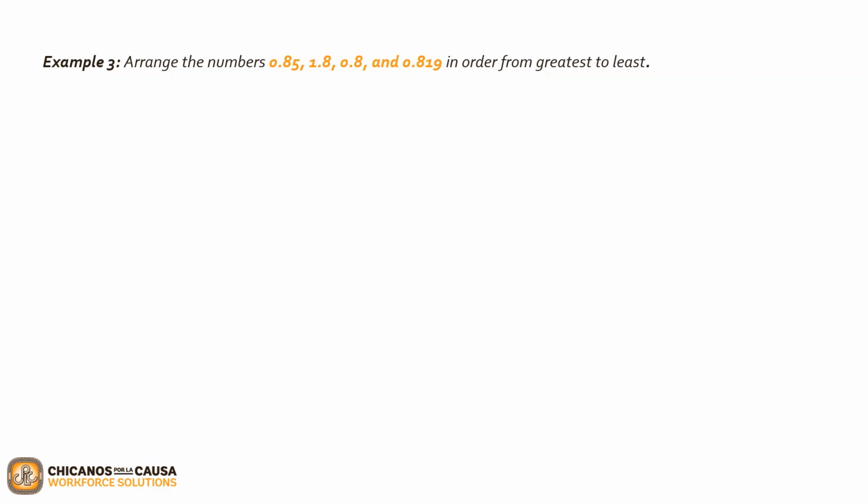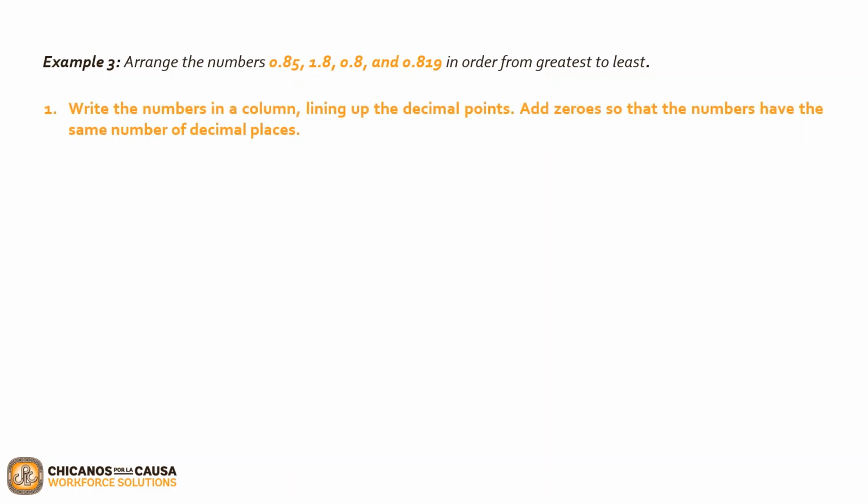Like before, we'll go ahead and break this down in steps. So to make it a little bit easier, our first step is going to be to write the numbers in a column where we will be lining up the decimal points. Then we can add 0 so that the numbers have the same number of decimal places.